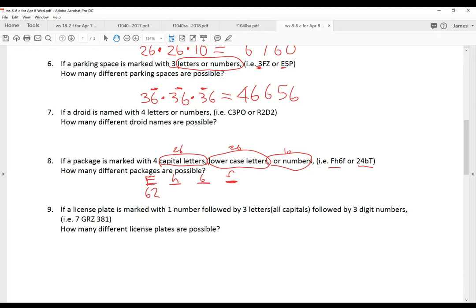So I chose capital F, but it could be lowercase f, or it could be 2 or 5, or A through Z, and then another A through Z, and then another one 0 through 9. So it has to be 62 possibilities. Does that make sense? So with only the letter and number, it was 36. With capital letter, lowercase letter, and numbers, there are 26, 26, 10, there's 62 numbers and letters.